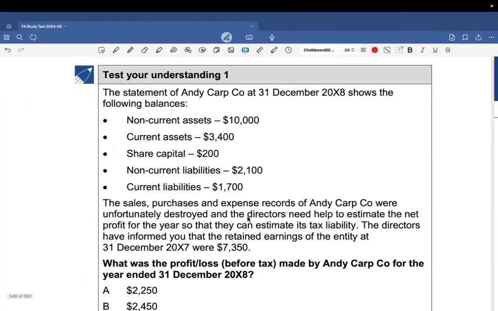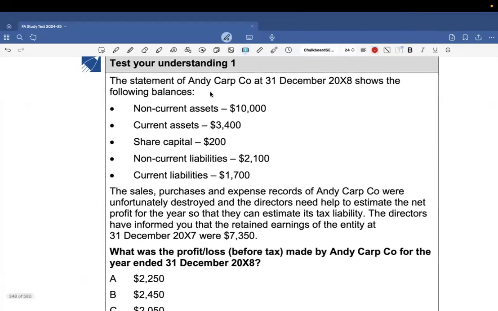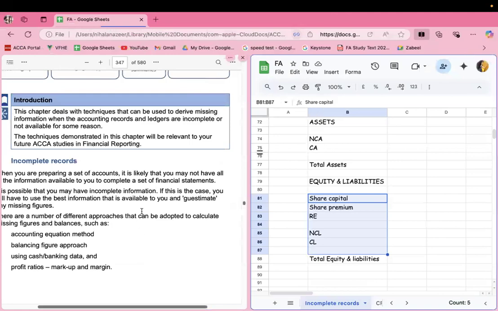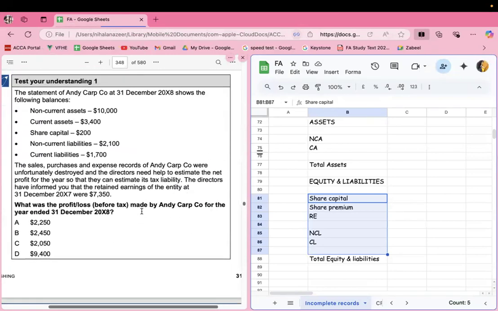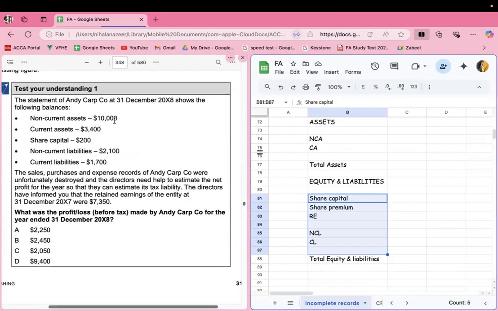In your test of understanding one, you have the statement of Andy Carp Corporation at 31st December 2008, which shows the following balances. They have non-current assets 10,000, current assets 3,400, share capital 100, non-current liabilities 21,500, current liabilities 1,700.